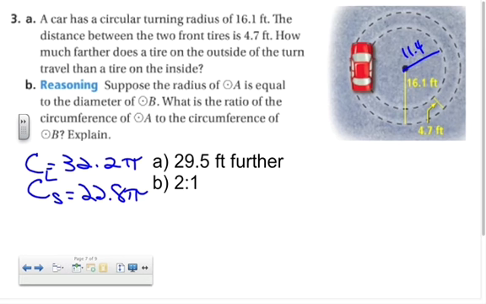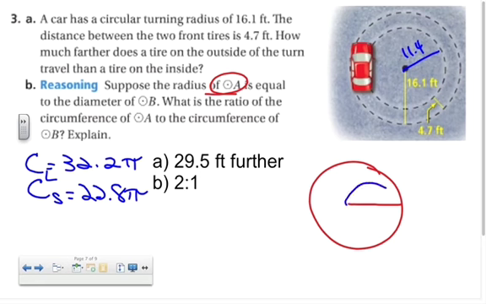Okay? For the second problem, what I quickly want to show you is if they're talking about the radius of circle A being equal to the diameter of circle B, does it visually make sense that circle A is twice as big as circle B? Hence that 2-to-1 ratio. Yes, ma'am?